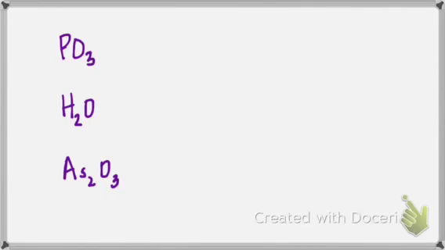So in these three examples, you have PO3, H2O, and As2O3. Now PO3, again, you're looking at the first element. Does the first element have more than one atom? It does not. So you're going to use the first element name unchanged, and so that's going to be phosphorus. You're always going to use a prefix on the second element, and the second element is oxygen, and the prefix for 3 is tri.